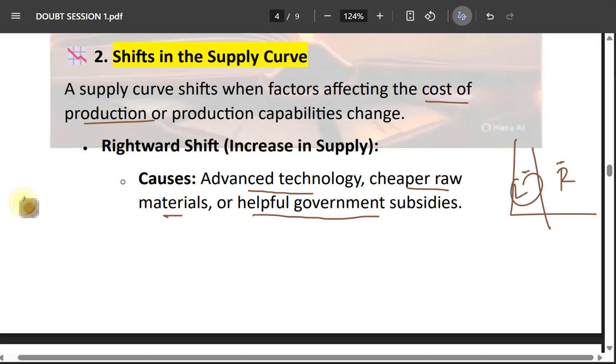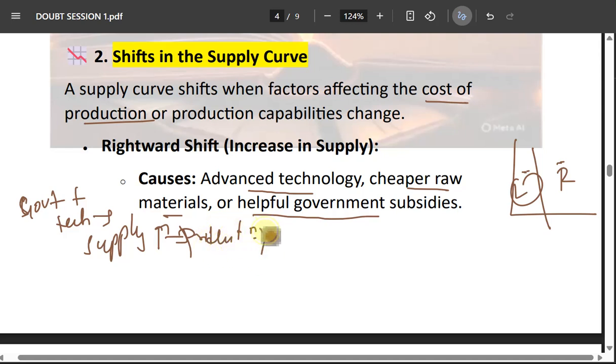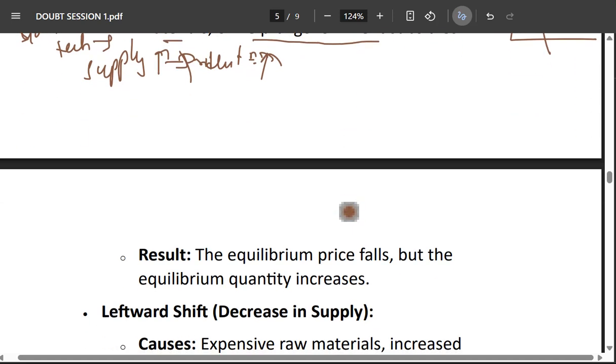If the government is supporting and technology is increasing, then supply increases because of production. For example, see, AI has come, you can easily generate notes, right? So there's a whole lot of supply in AI technology. That kind of thing is an example.